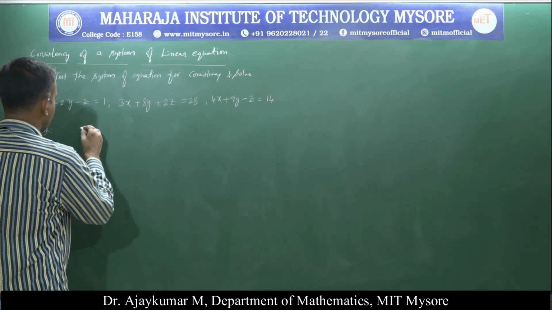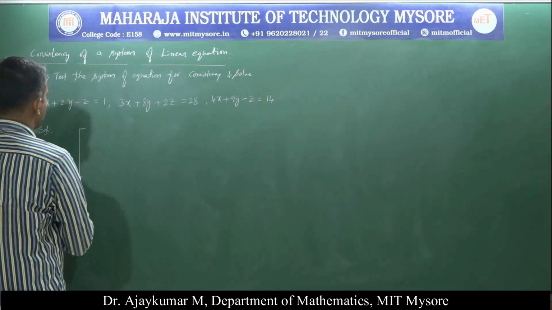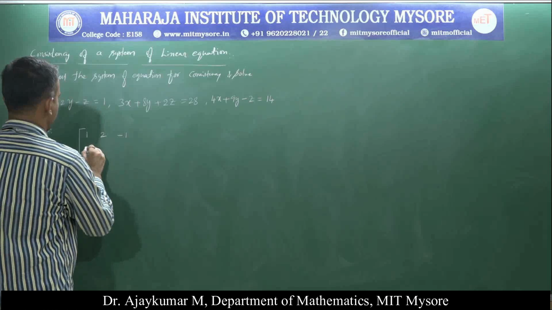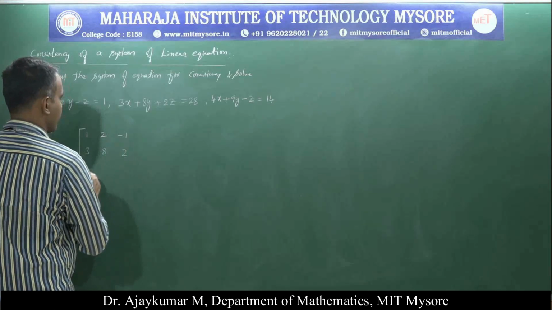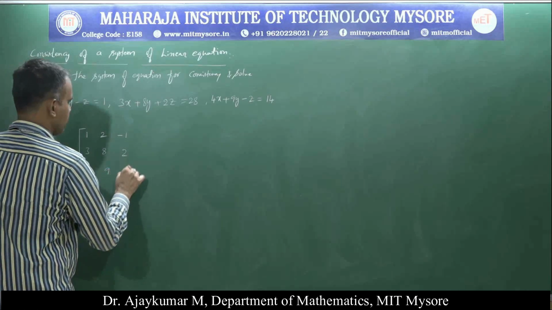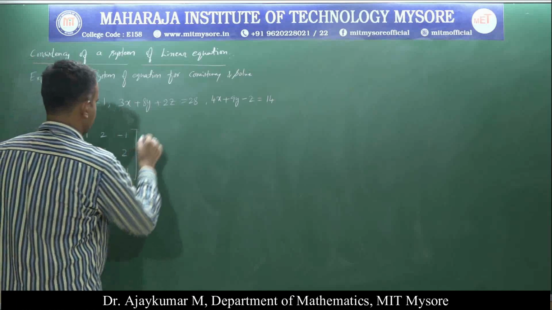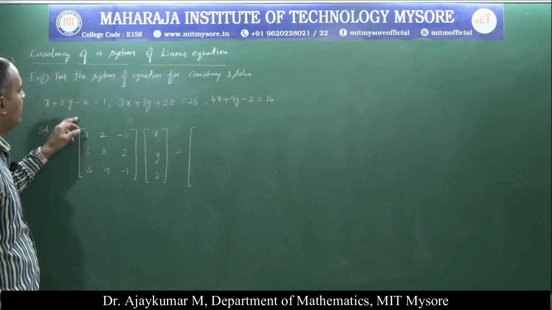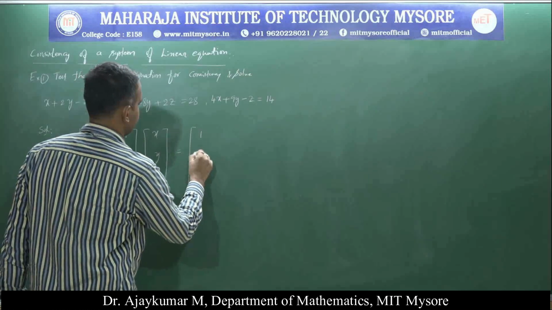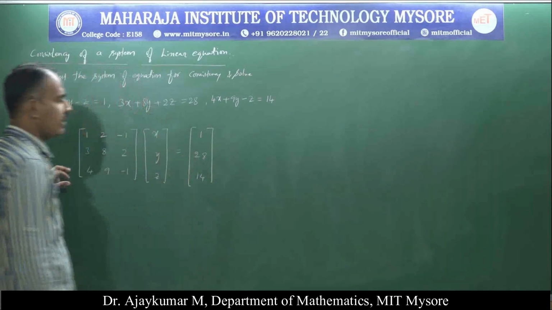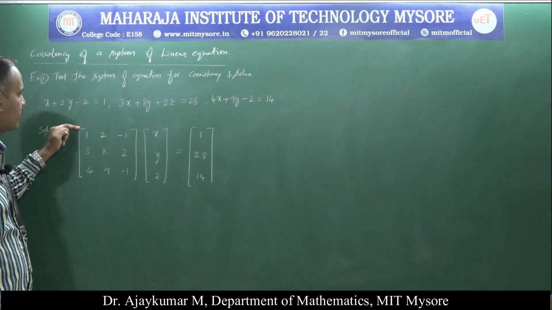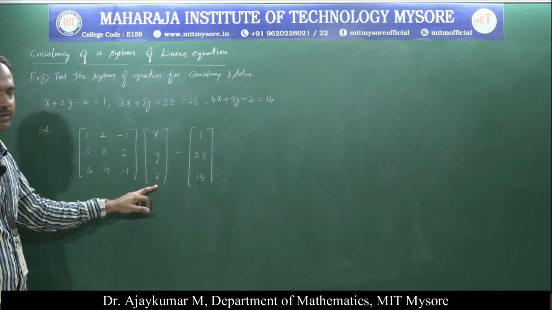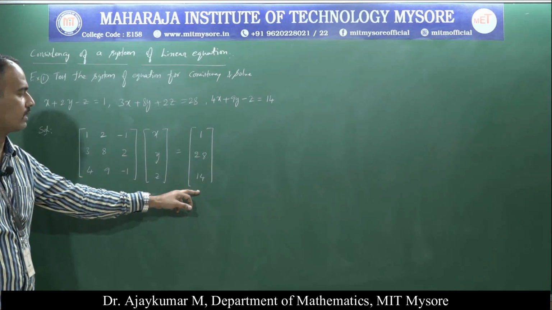Here we denote the matrix of coefficients, and next the constants. The given system of equations can be specified in terms of the coefficient matrix A, then the matrix of unknowns, and the matrix of constants.